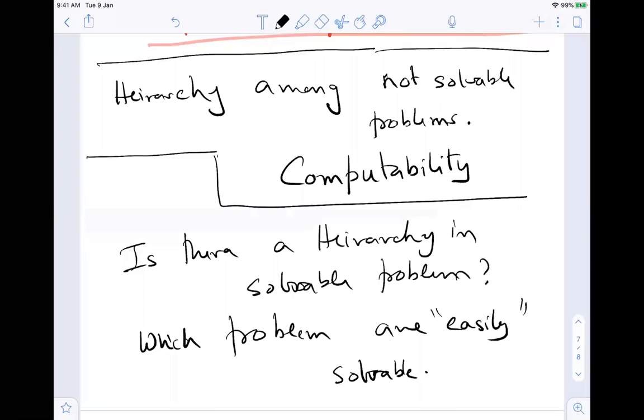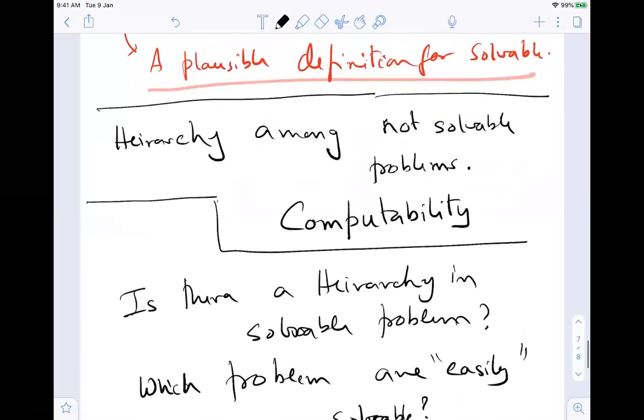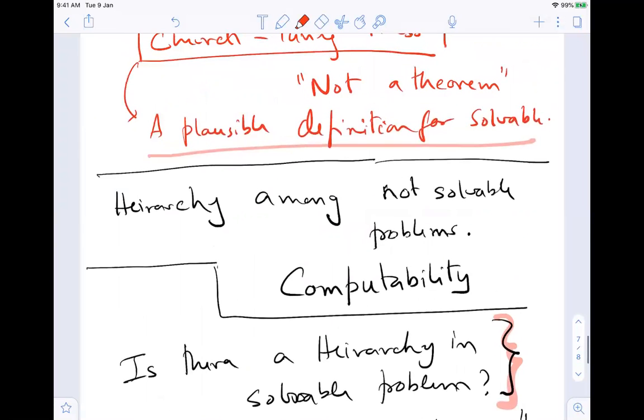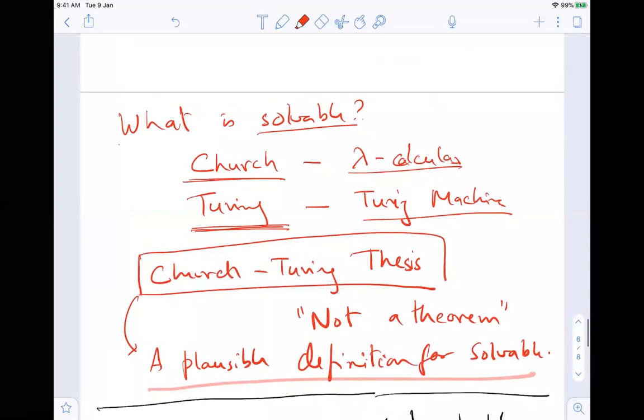Now, of course, this also came up as a lot of different questions. In some sense, you can think of it as a philosophical discussion that goes on. And defining this question, whether there is a hierarchy, was kind of easy at some level. Why? Because the definition of solvable problems had this thing of Turing machines.